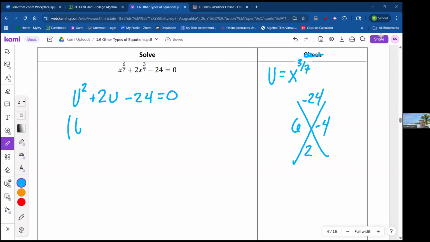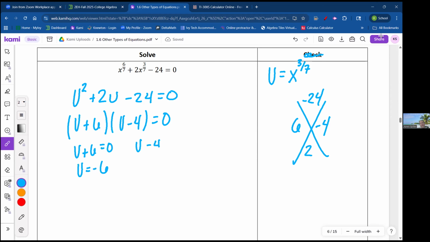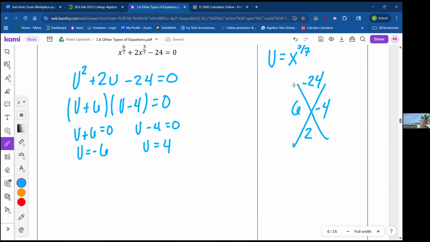So you've got (u + 6)(u - 4) = 0. u plus 6 is equal to 0, u is equal to negative 6. u minus 4 is equal to 0, u is equal to 4. But remember, u isn't u. u is x to the 3/7. So this is x to the 3/7 is equal to negative 6, and this is x to the 3/7 is equal to 4.